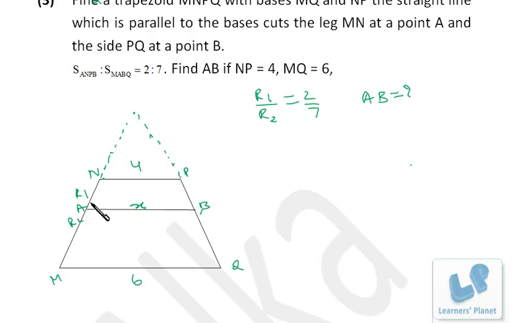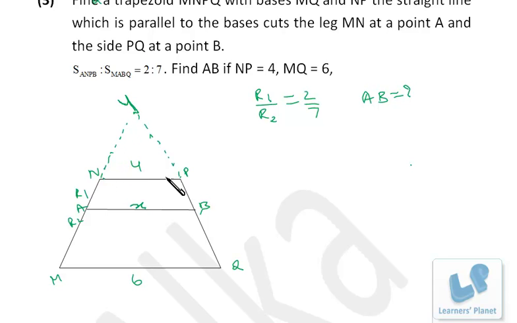And we are given the ratio of R1 is to R2. So area of R1 will be what? This entire triangle's area minus area of this, right? In case when the triangles are similar, their areas are in the ratio of square of their sides, right? So area of, suppose this is, say, Y, right?